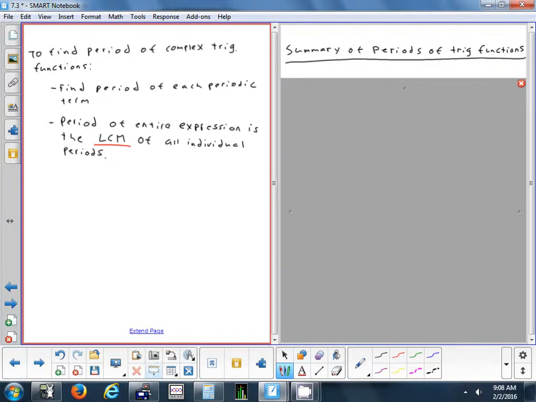So let's say we had something with a period of pi and something else with a period of 2 pi. If you're confused, make a list of all your multiples of pi: 1 pi, 2 pi, 3 pi, 4 pi, and so on.